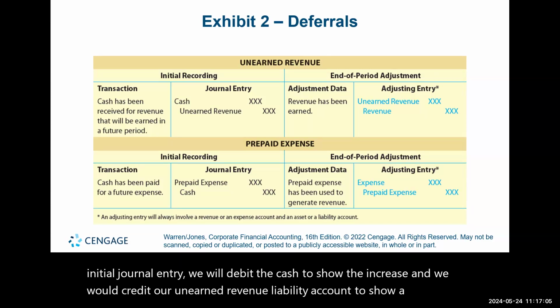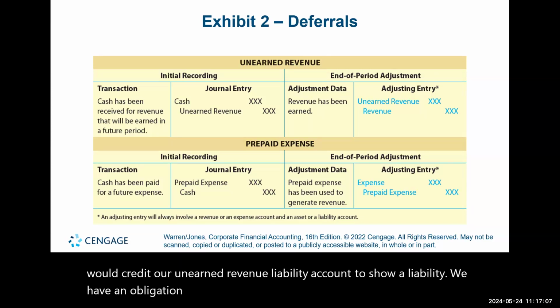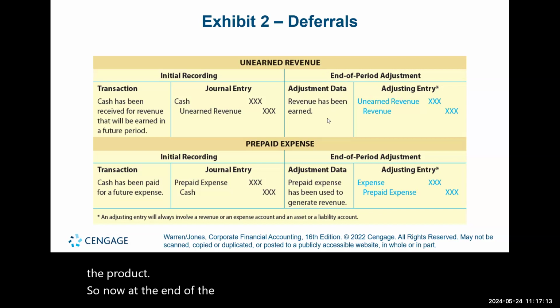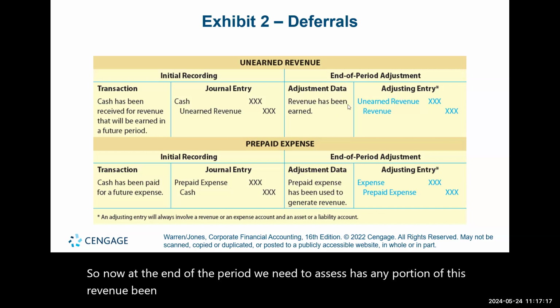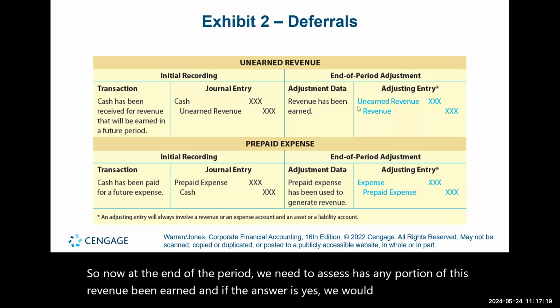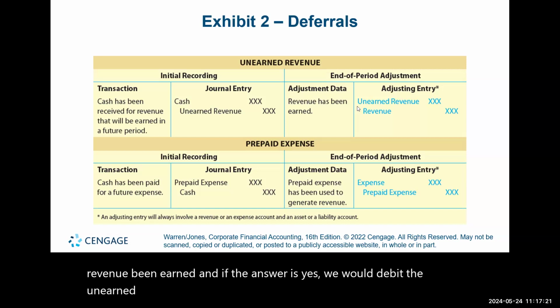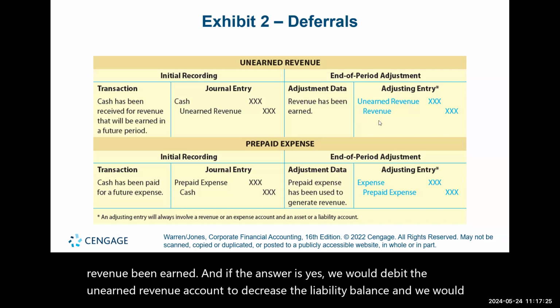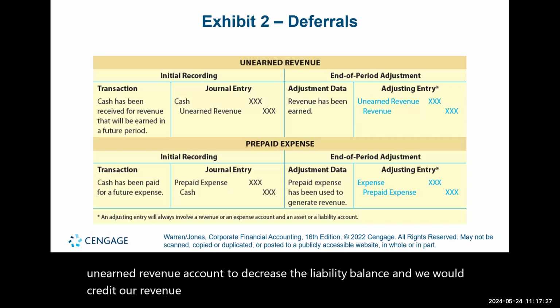We have an obligation to provide this service to the customer or sell the product. So now at the end of the period, we need to assess, has any portion of this revenue been earned? And if the answer is yes, we would debit the unearned revenue account to decrease the liability balance. And we would credit our revenue account to show the increase for the revenue that has been earned.